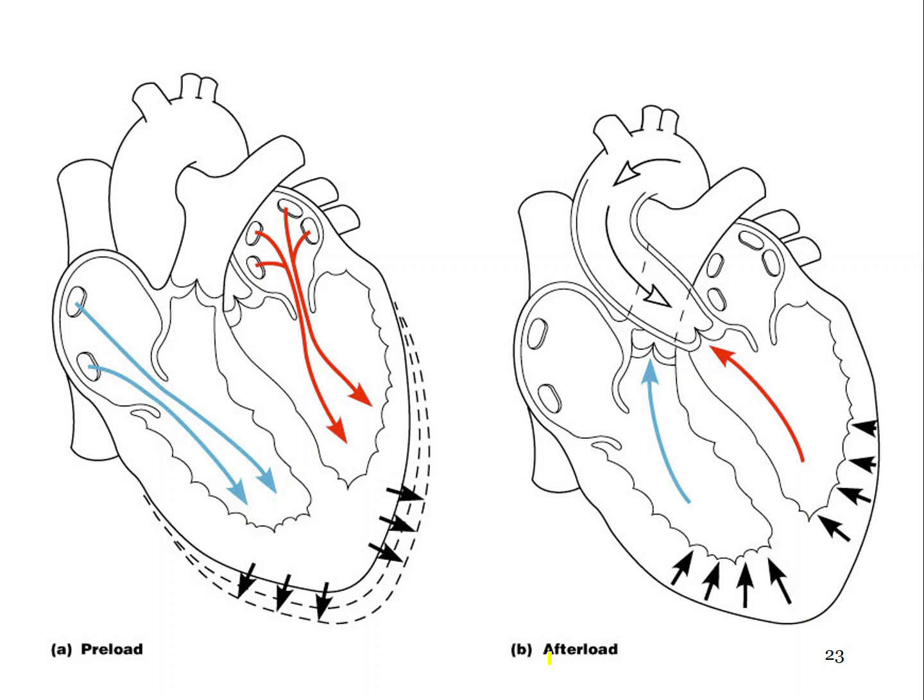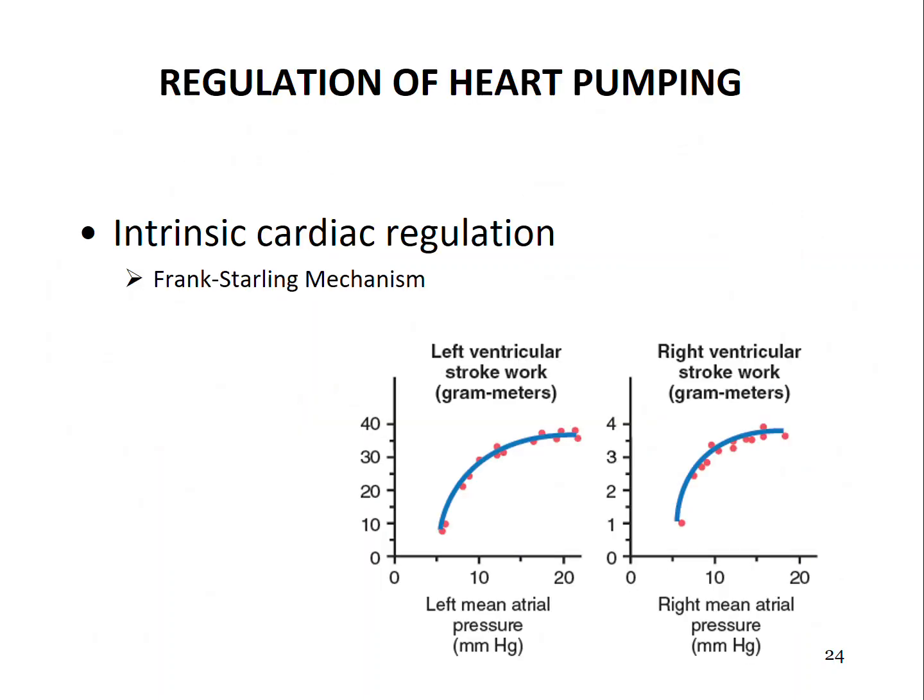But the afterload is the pressure or the resistance that the heart has to pump the blood against. So increasing the afterload will increase the work of the heart without increasing the amount of blood which is pumped from the heart. So remember these two concepts: preload, the end diastolic volume, and afterload, aortic pressure or arterial resistance.